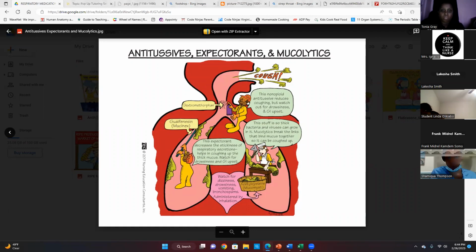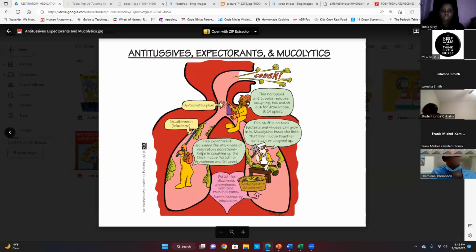Not necessarily pain meds, but if they're coughing and they're getting tired, like if they're really, really coughing, they just can't stop coughing, we're going to give antitussives. Antitussive agents are used to inhibit the cough reflex center in the brain. So that's why we would give these antitussives.